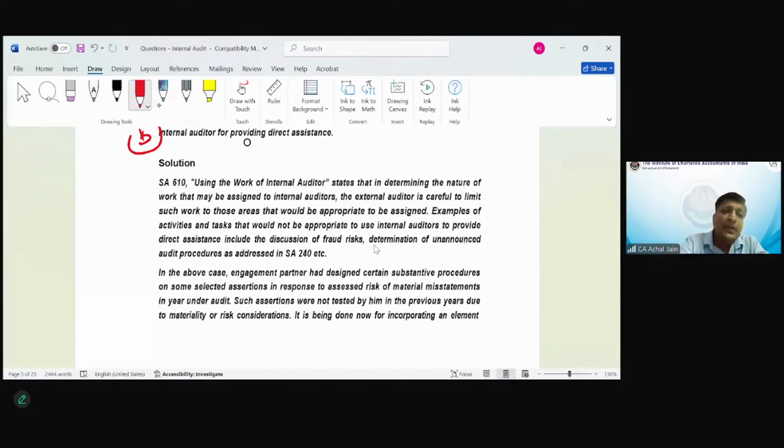When the engagement partner is designing certain audit procedures, what is the thought process? It is also specified that those assertions were not tested by the audit partner in previous years due to materiality or risk consideration, so there was not an error.